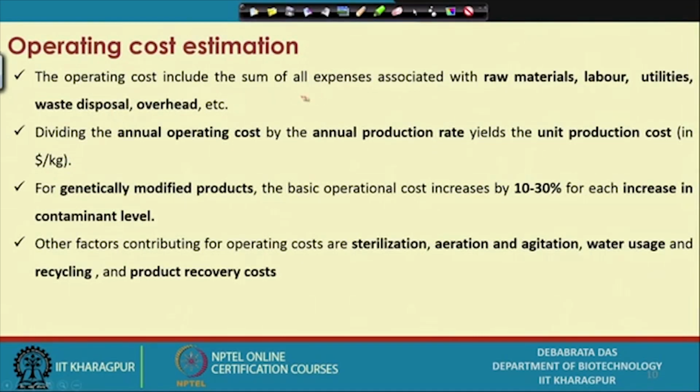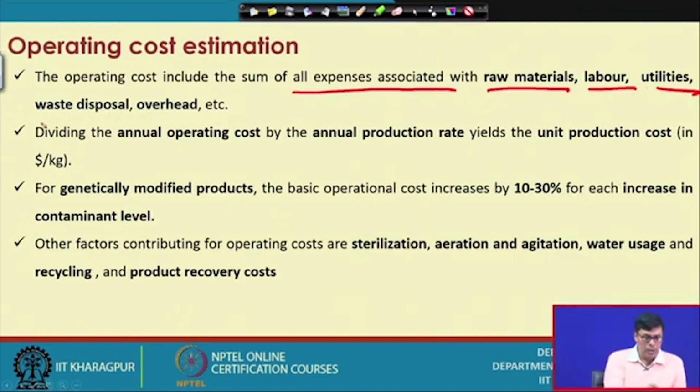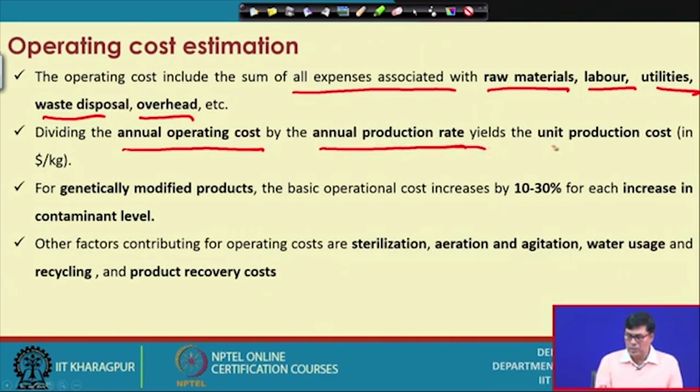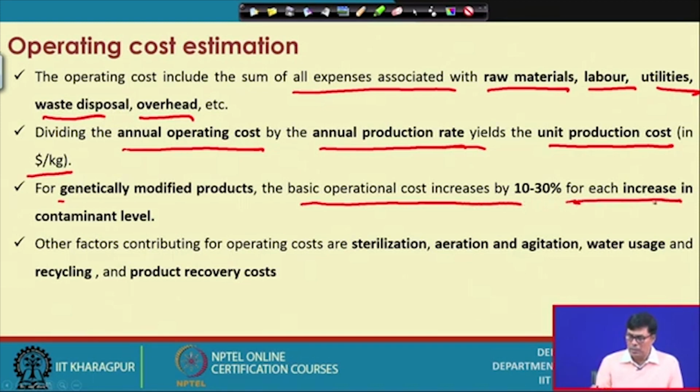Then operating cost depends on several other factors. Operating cost includes the sum of all expenses like raw materials, labor, utilities, waste disposal and overhead cost. Dividing the annual operating cost by the annual production rate, or yield, gives the unit production cost in dollars per kg. For a genetically modified product, the basic operation cost increases 10 to 30% with each increase in contaminant level.